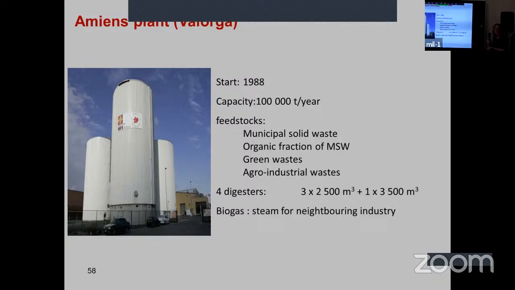The capacity is 100,000 tons per year, with the main feedstock being municipal solid waste, green waste and agro-industrial waste. They have 3 digesters of 2,500 cubic meters and 1 of 3,500 cubic meters. And the biogas was used as steam to heat industry.